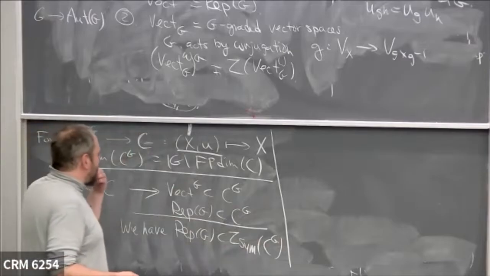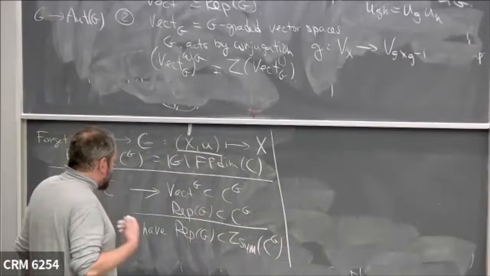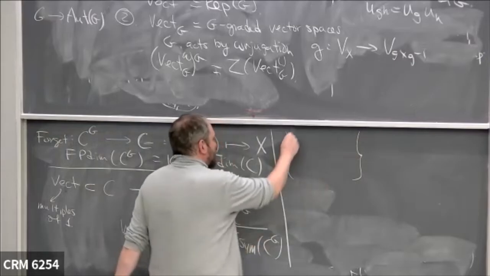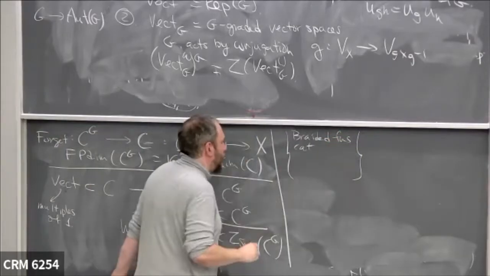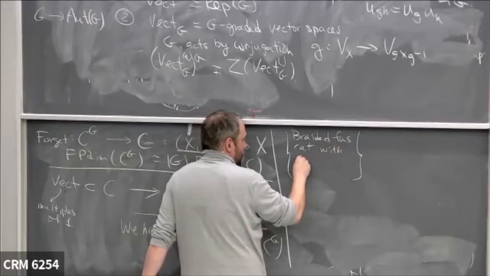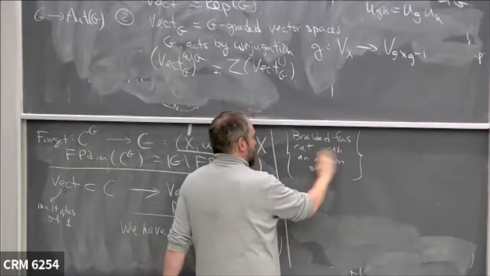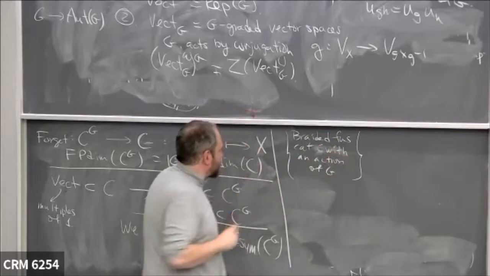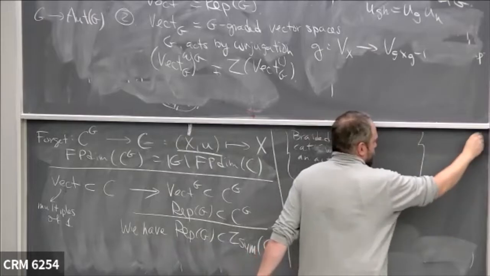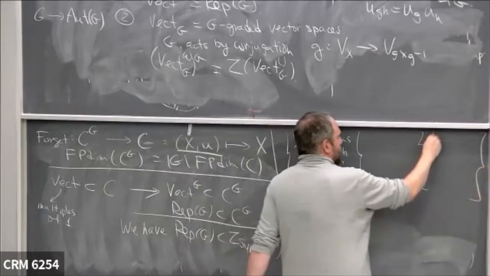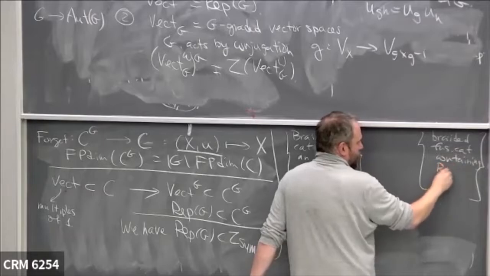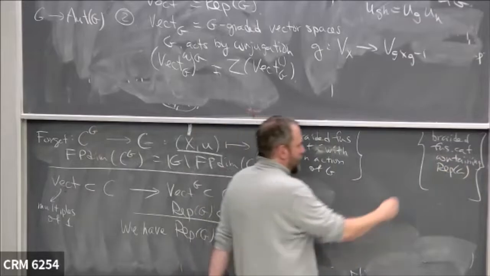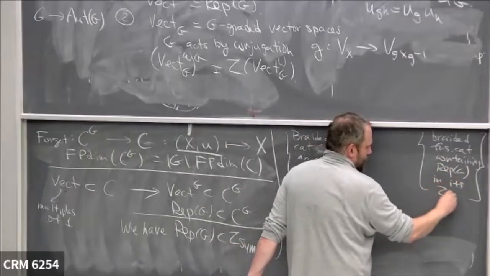So what did we establish? Let us record our construction. So we started with a braided fusion category with an action of G. What we obtained is a braided fusion category with a copy of the Tannakian category Rep G in its symmetric center.